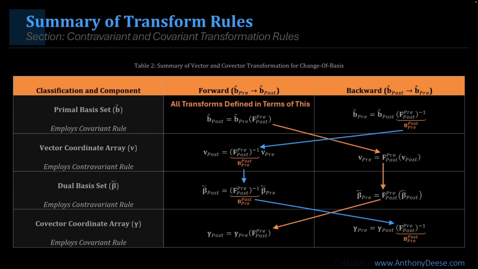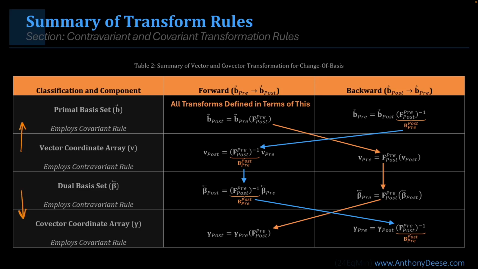So here, this slide provides a table, and it says a lot. So let's take a second to look at it. Well, first off, it shows us all of the different transformation rules, both forward and backward, for the primal as well as the dual basis. So above here we have the primal, below here we have the dual.